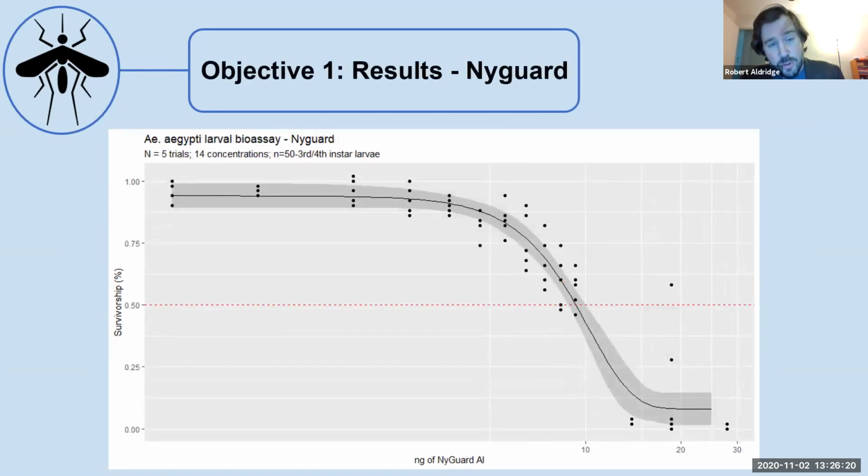Nigard uses pyriproxyfen. Pyriproxyfen is a juvenile hormone mimic, so that instead of it molting and behaving in the proper series of behaviors, this juvenile hormone mimic tricks it. And while it's in its larval to pupal stage, specifically it acts as a pupicide. So as it's molting from pupae to adult, it dies.